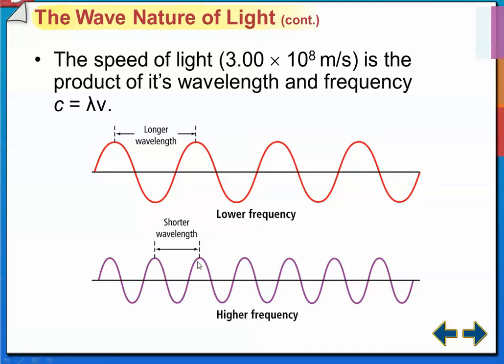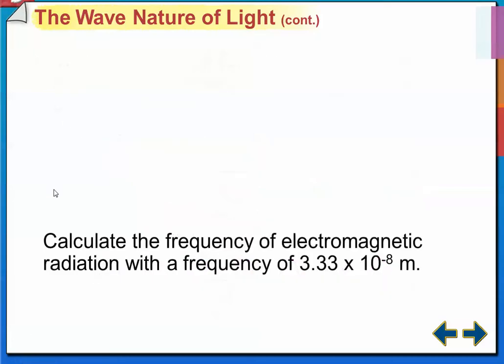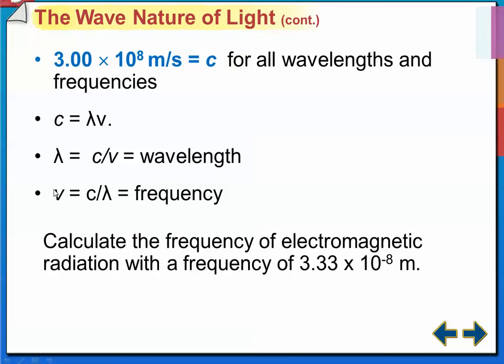So these small waves pass the same point more frequently. These longer waves pass the same point less frequently. We're going to be doing a little math with this formula in just a second. A lot of the problems you have are going to be calculate the frequency or the wavelength of different waves.